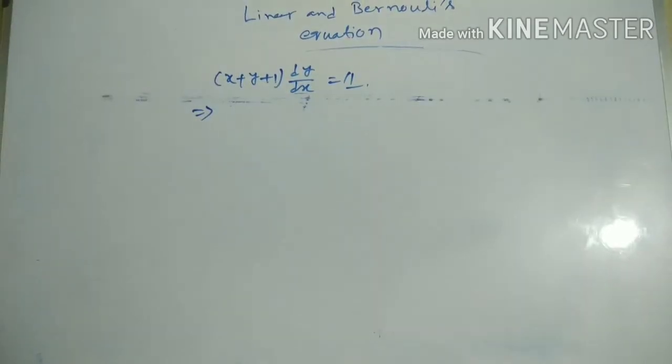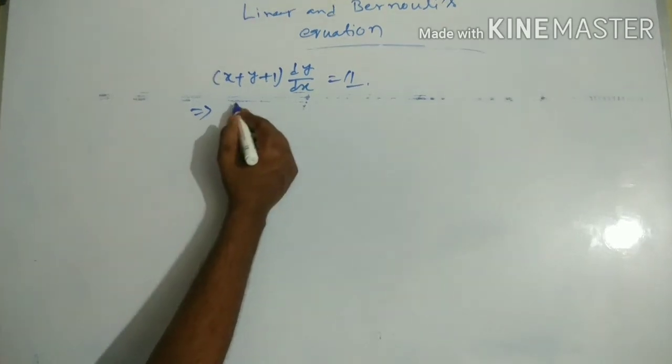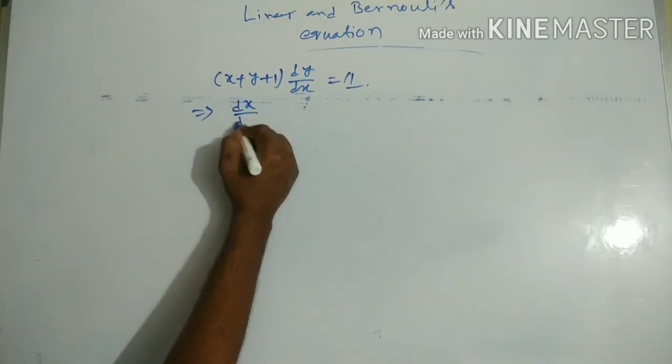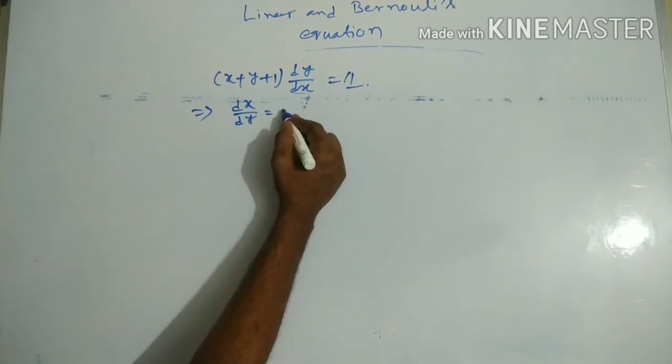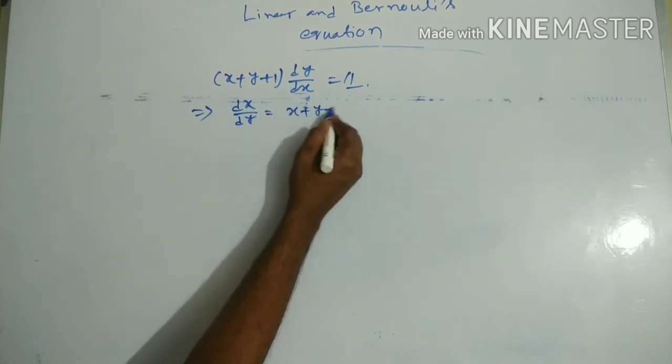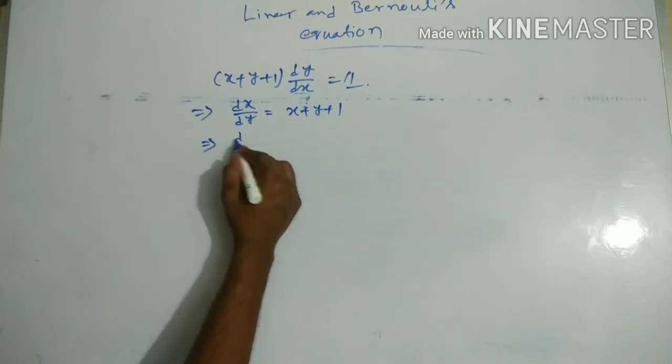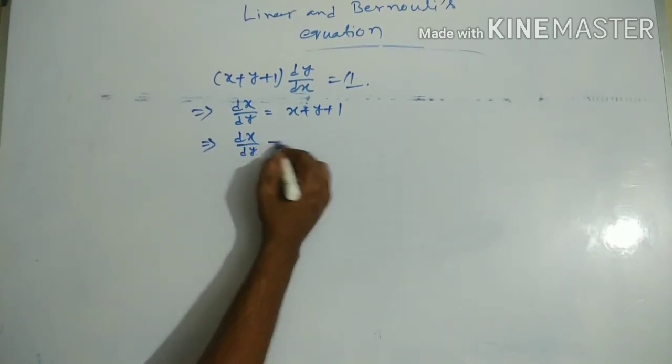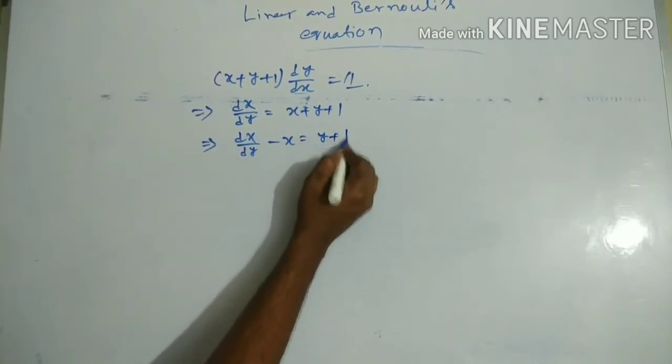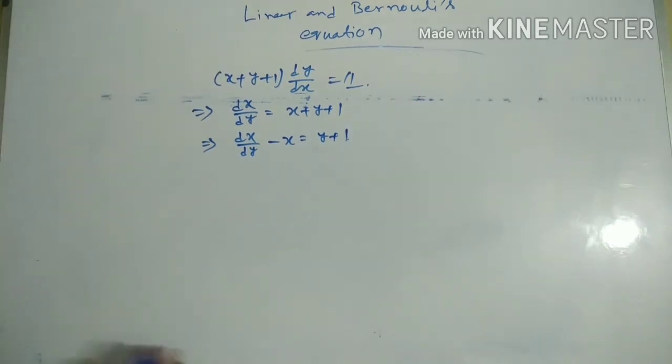Now see that this equation is not given in the general form. We have to reduce it in the general form. Now we are writing dx/dy will be equal to x plus y plus 1 and dx/dy minus x equal to y plus 1. Now it is in the general form of linear equation, which is linear in y.